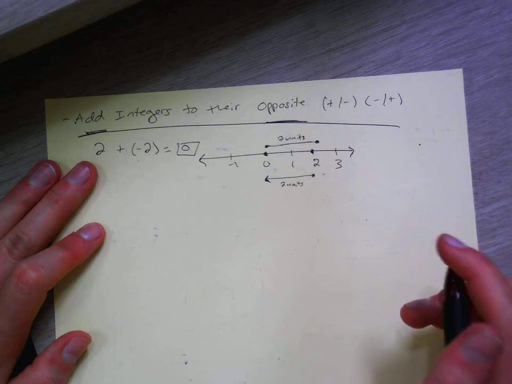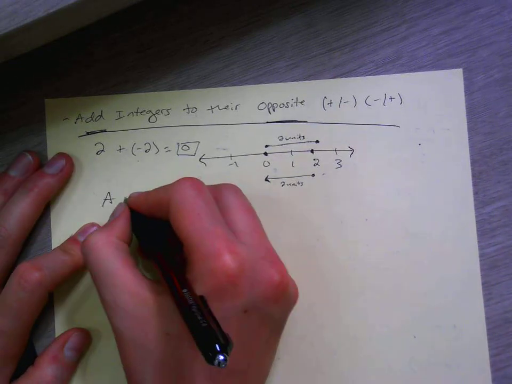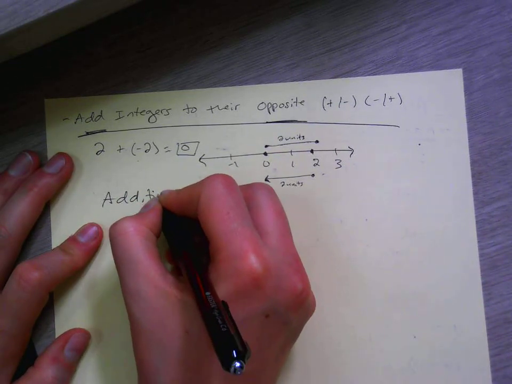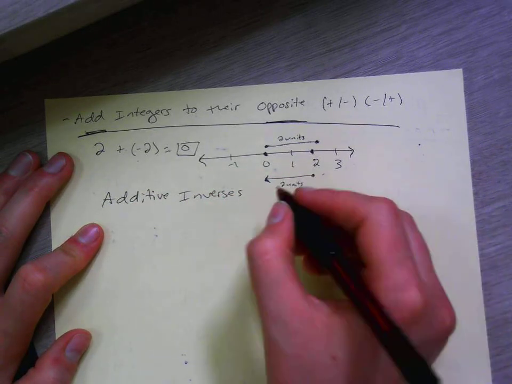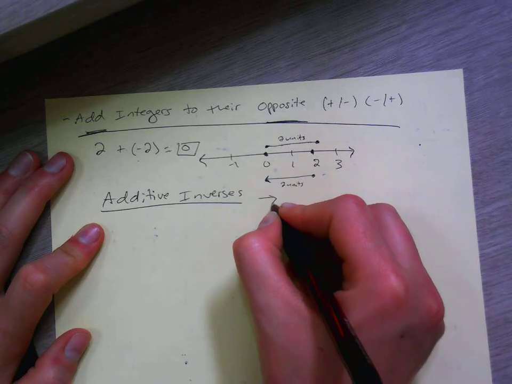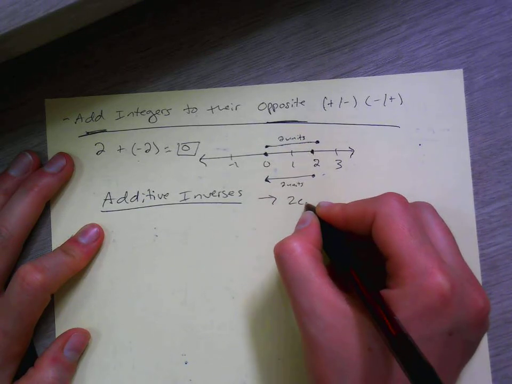So these are called additive inverses, because they are 0 pairs.